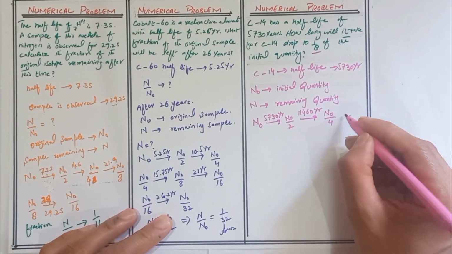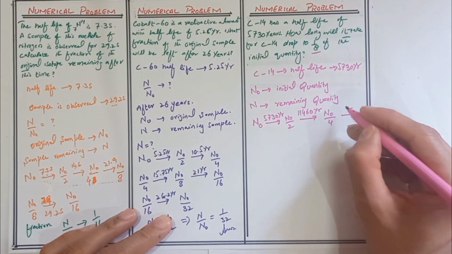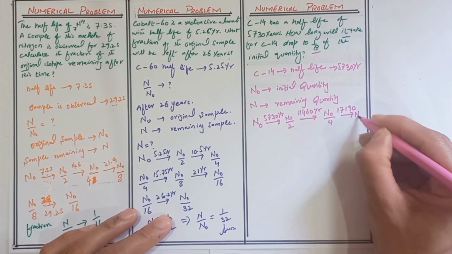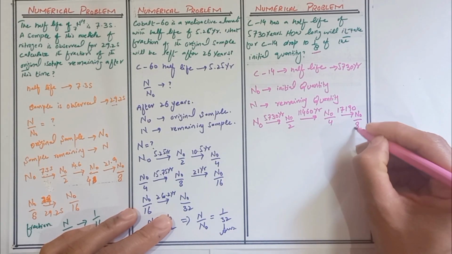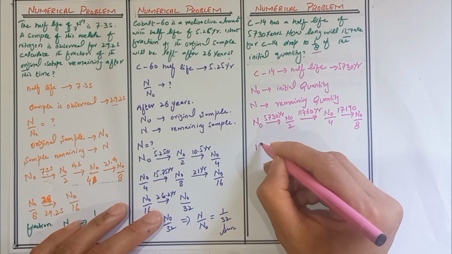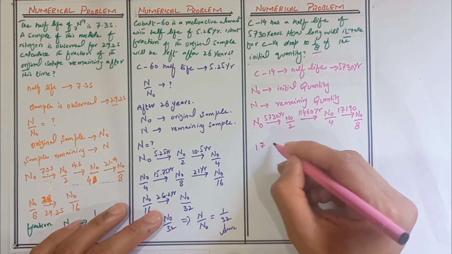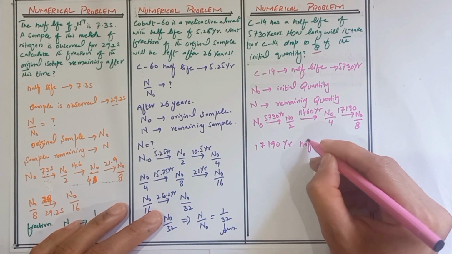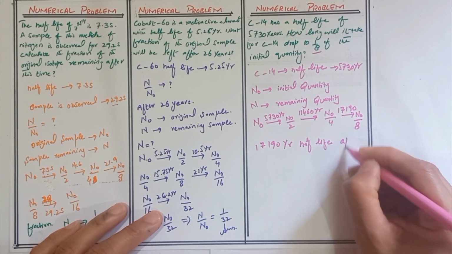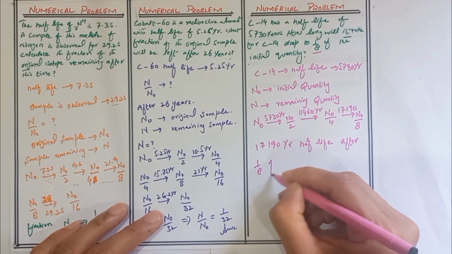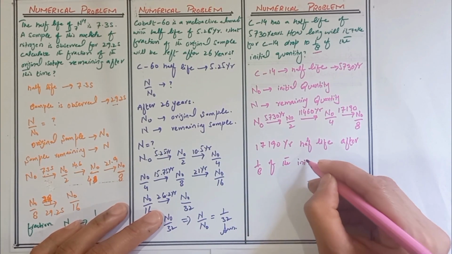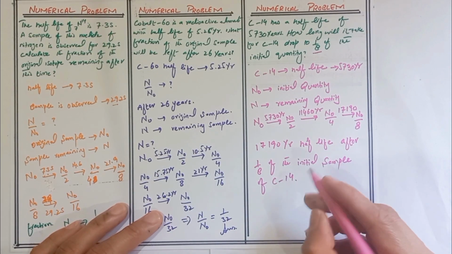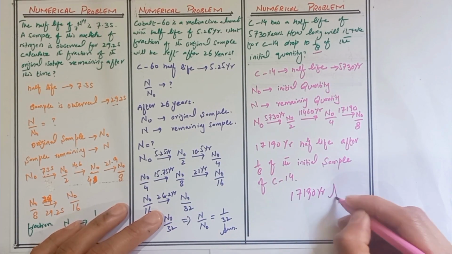Again 5730 years are added, so we get 17190 years, and the sample becomes N naught by 8. So 17190 years is the time for carbon-14 to drop to 1 by 8 of the initial sample. That is the answer.